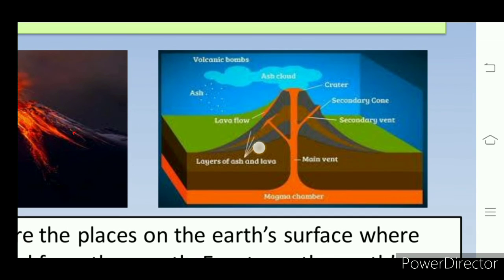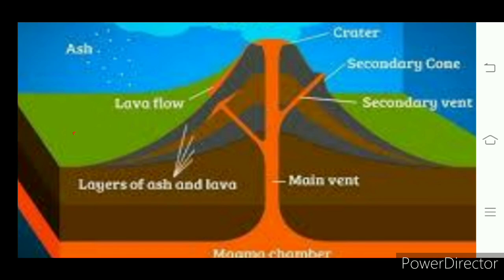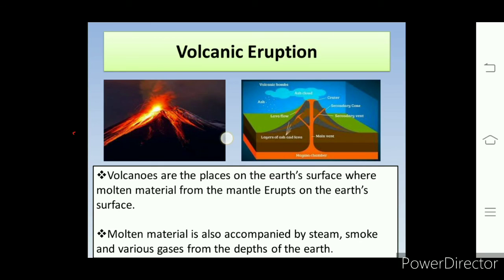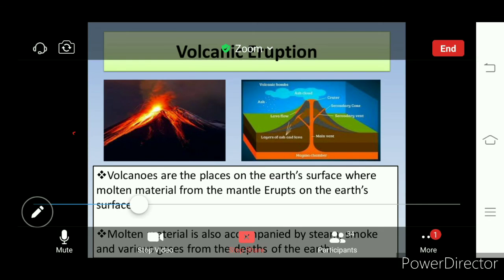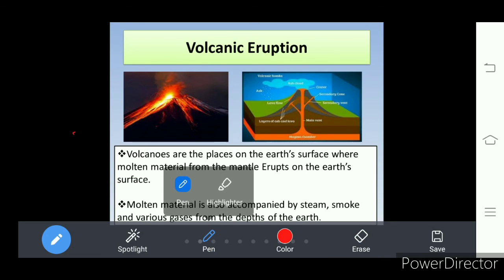Understand? Look at here in this slide. What do you see? It is a volcanic eruption. Here we find molten material erupting out and forming a volcanic mountain.